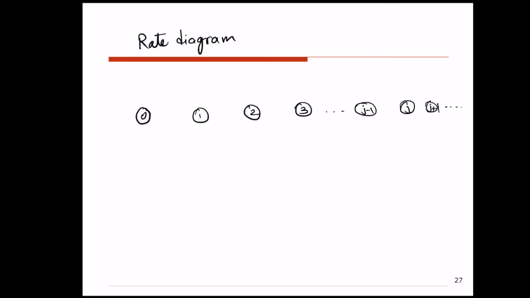If you remember, in the state diagram in a Markov chain, there were arrows between the states, and what we put on top of these arrows were the probabilities of transition from one state to another. However, what we put in a rate diagram in a queuing system on the arrows are the arrival rates or transition rates. So what does this show?